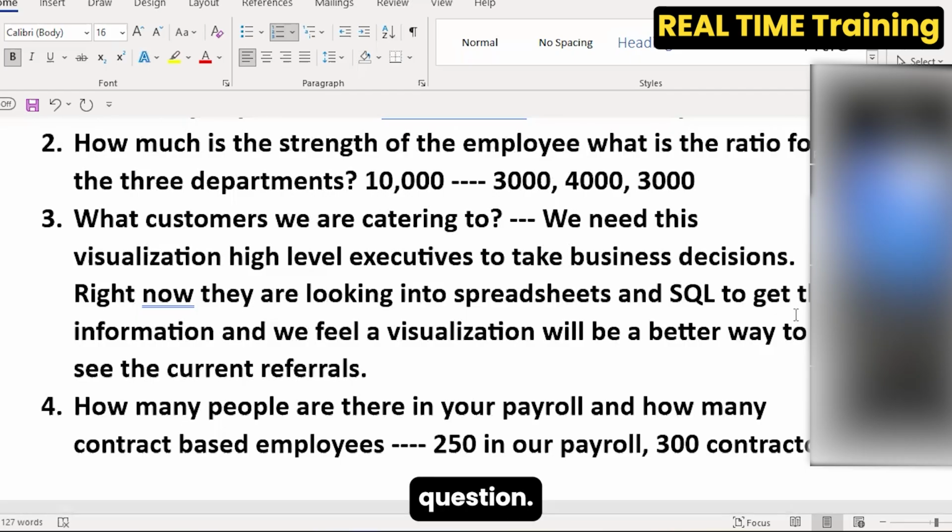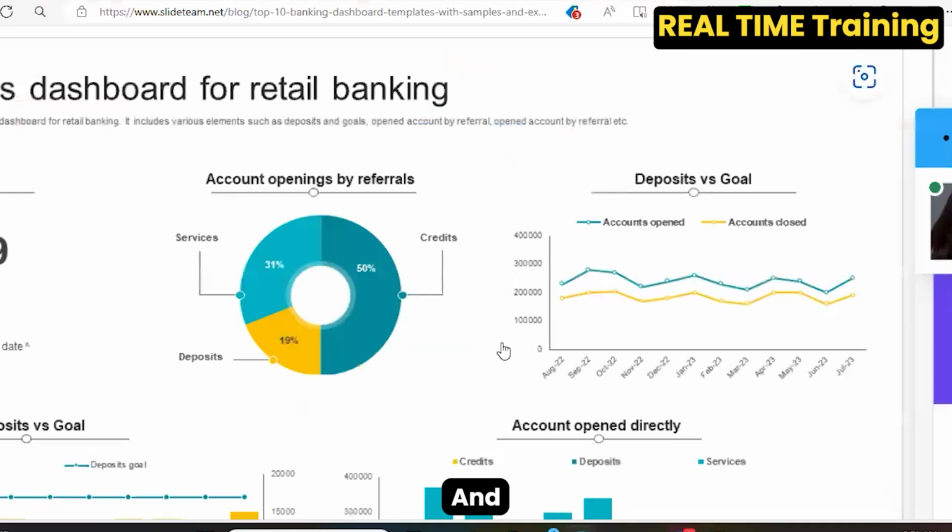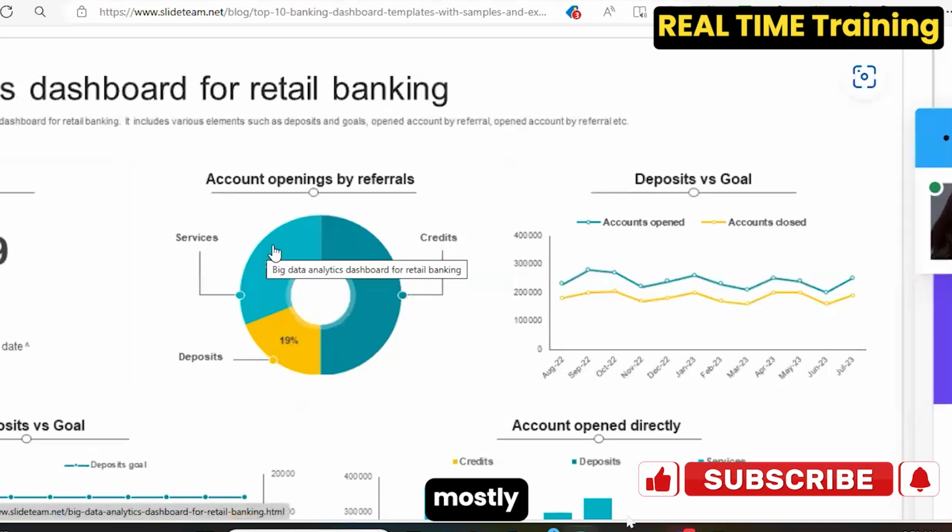Again, valid question. What other question do you have? What kind of services are we providing in a deposit team, in credit team, and in a service team? If you could elaborate the functions these three departments are taking care of? The answer is, services will take care of mostly customer service, complaints, and marketing.